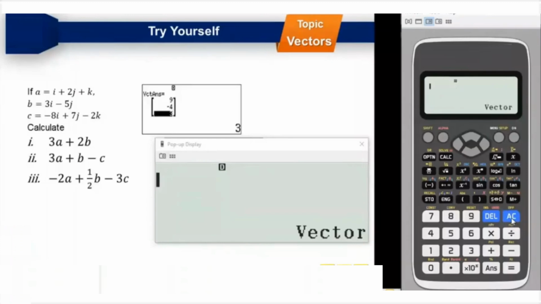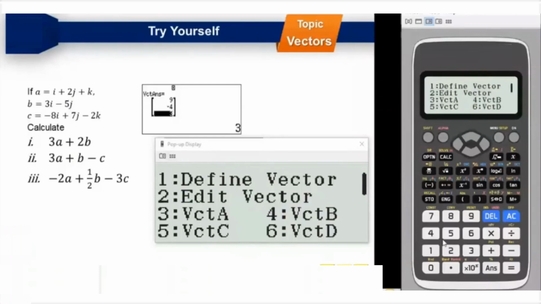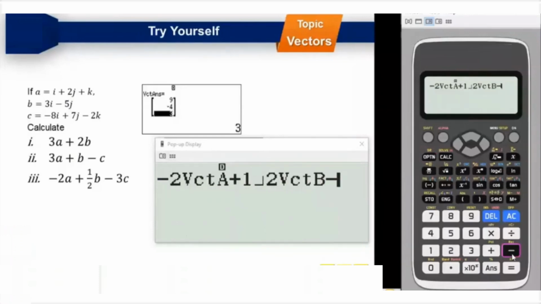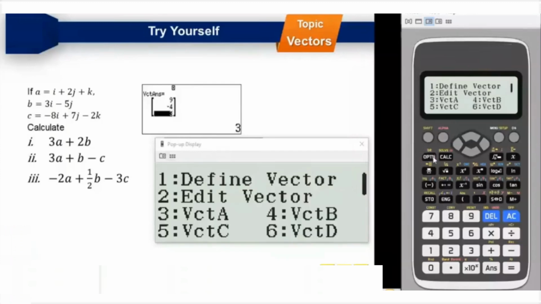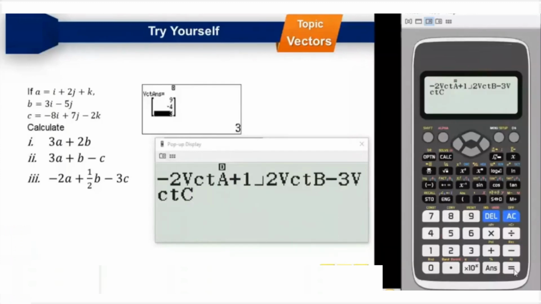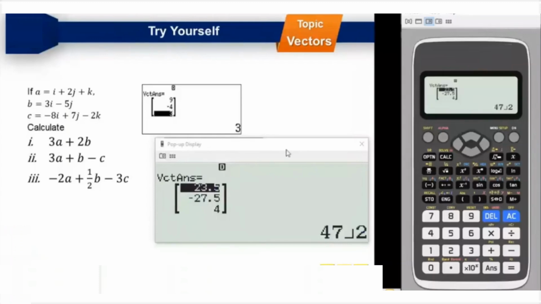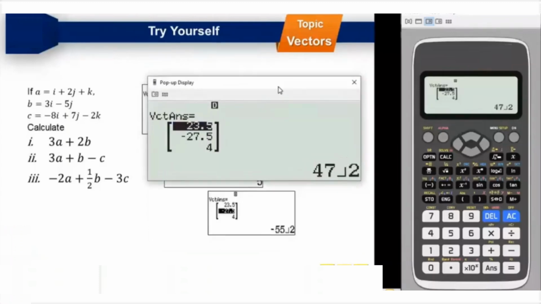And the next part is minus 2 times option 3, that is vector A, plus 1/2 option 4, which is vector B, minus 3 option 5, which is vector C. And the result is 23.5, minus 27.5 and 4, which is absolutely correct.